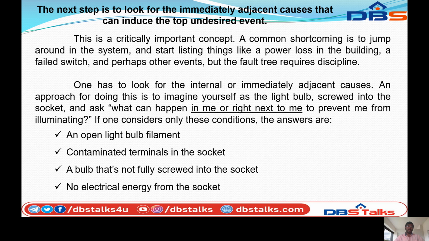One has to look for the internal or immediate adjacent causes. An approach for doing this is to imagine yourself as a light bulb, switched into a socket, and ask what can happen in me or right next to me to prevent me from illuminating.